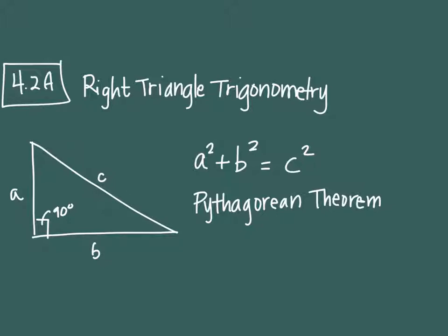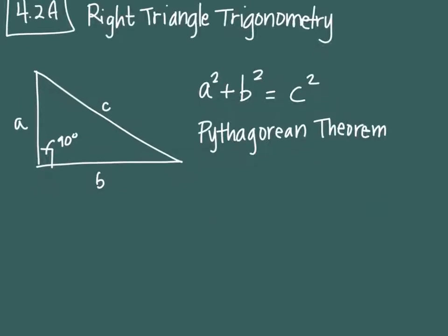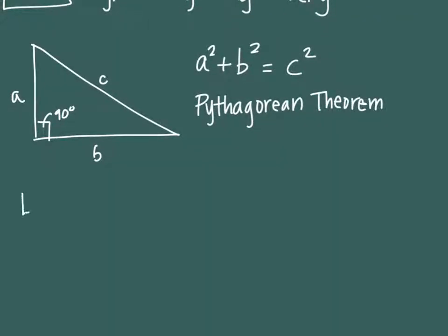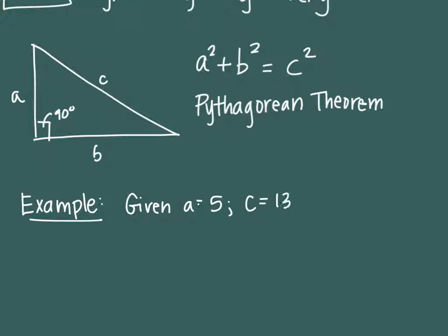It will always work. All right, so let's do a couple of examples of that. What that allows you to do is find the missing side of a triangle. So if you're given A to be 5 and C to be 13, then you should be able to find B, if you know it's a right triangle.